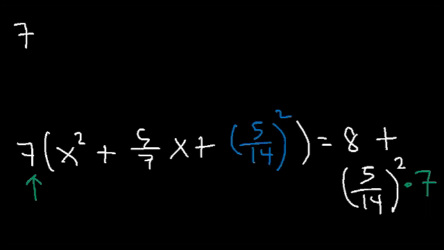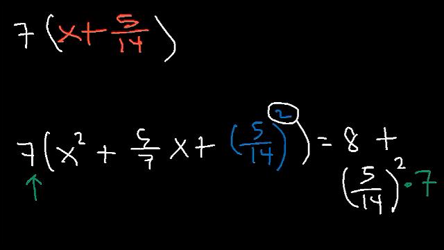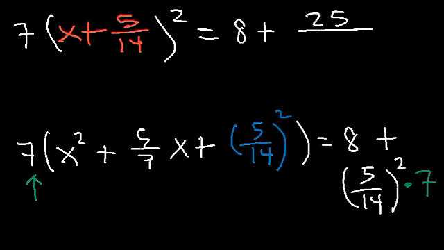So let's factor the expression that we have below. It's going to be x plus 5 over 14 squared. On the right side, we still have 8, and 5 squared is 25, and we have 14 squared, which is 14 times 14.